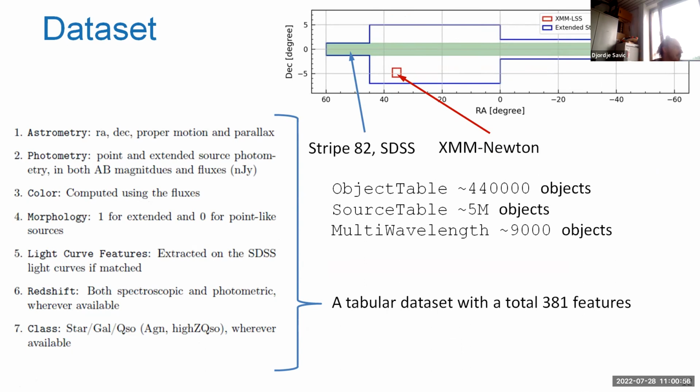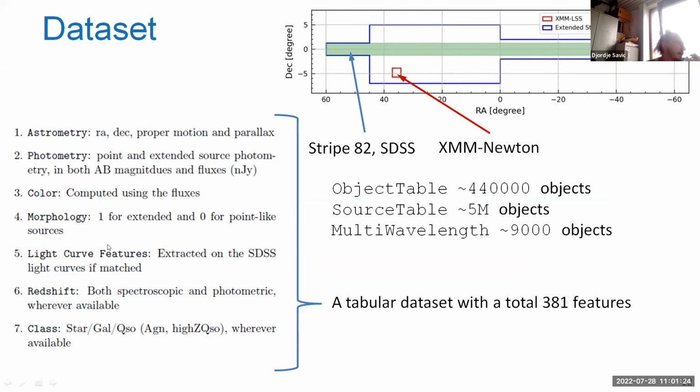The dataset is grouped, when it comes to data features, into 7 categories. First the astrometry, so we have the positions, but also the proper motion that will be used; the photometry measurements, also colors that were computed. There are some morphology parameters, where 1 is for extended sources and 0 is for point-like sources.